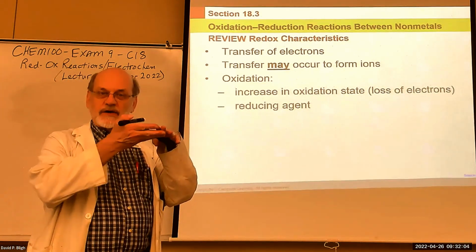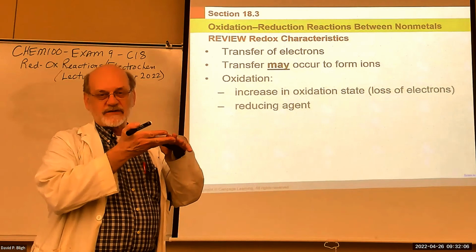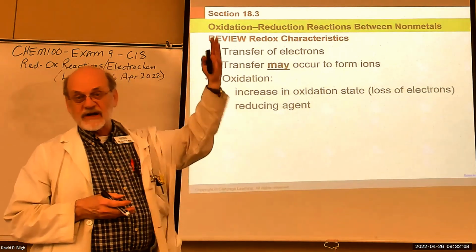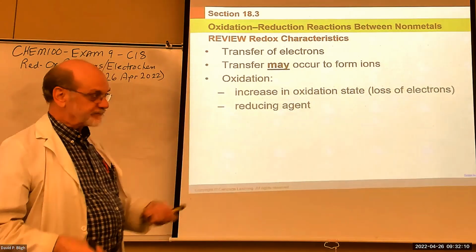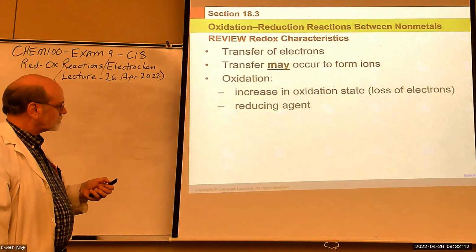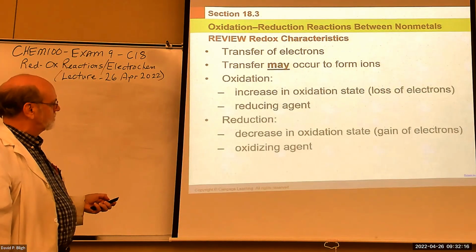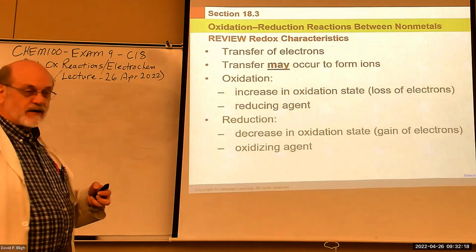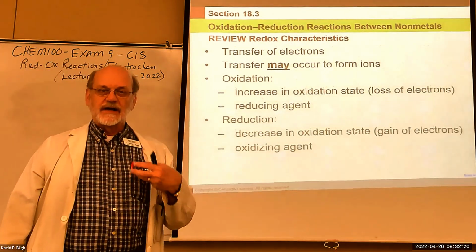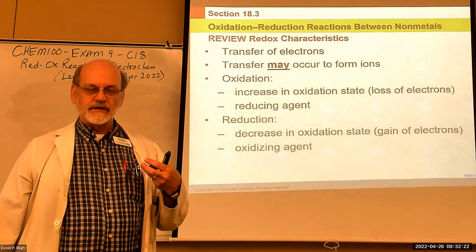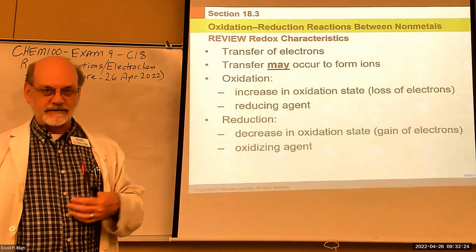It's moving to a smaller negative if it's becoming more positive. And then it may even go into positive territory like our carbon did. And when something is reduced, its oxidation number is decreased, becomes more negative.